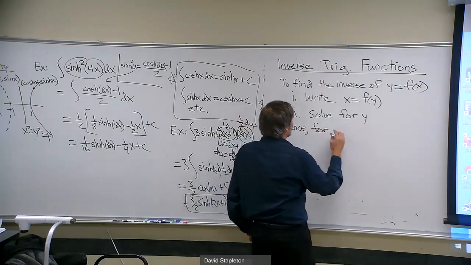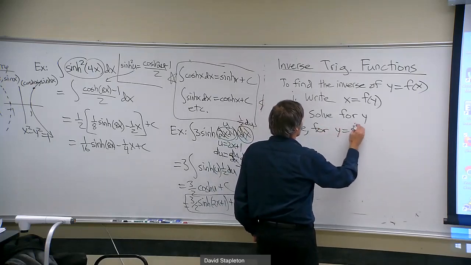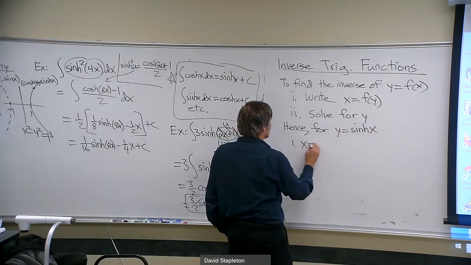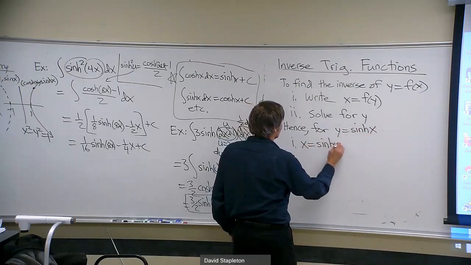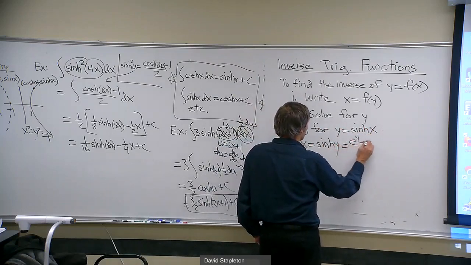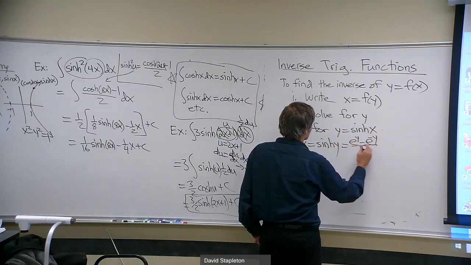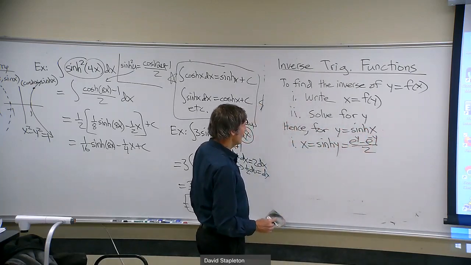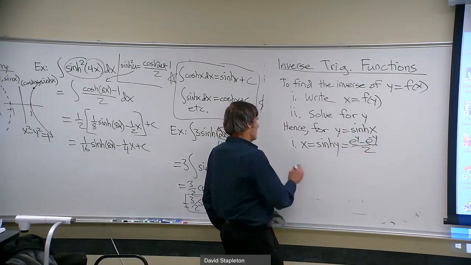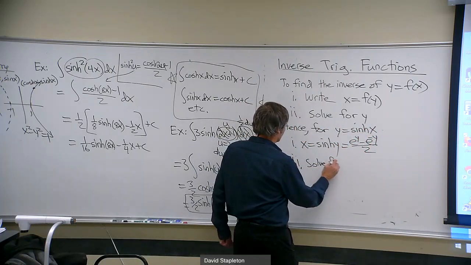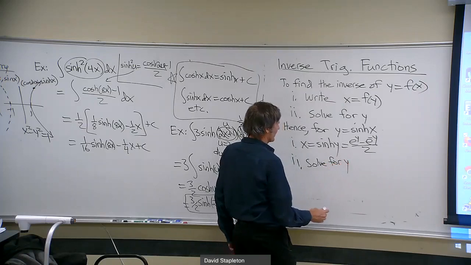For the inverse of y equals hyperbolic sine of x, we go to step one and we write x equals hyperbolic sine of y, right? Which by definition is e to the y minus e to the minus y all over 2. Now we solve for y, right? And then we'll have the inverse function.